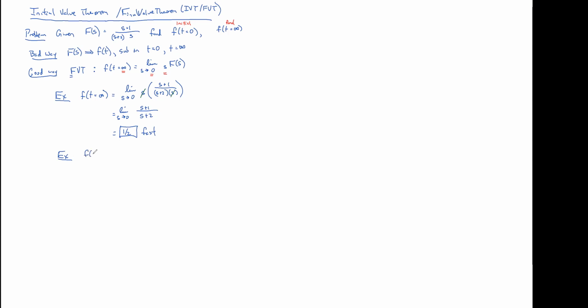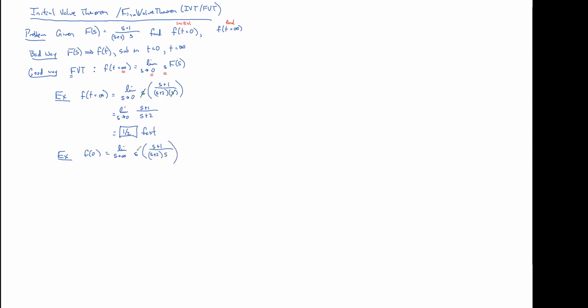And we're going to see this problem for f of 0, for time equals 0. So that's going to be the limit as s goes to infinity of s times (s plus 1) over (s plus 2) times 1 over s.